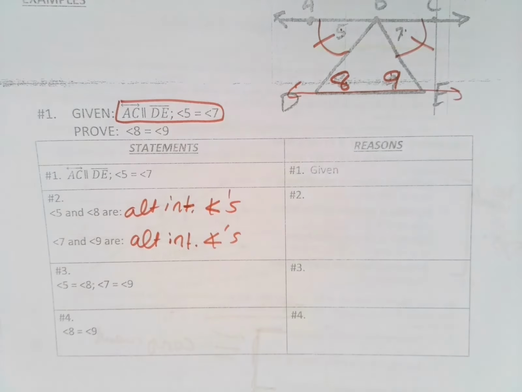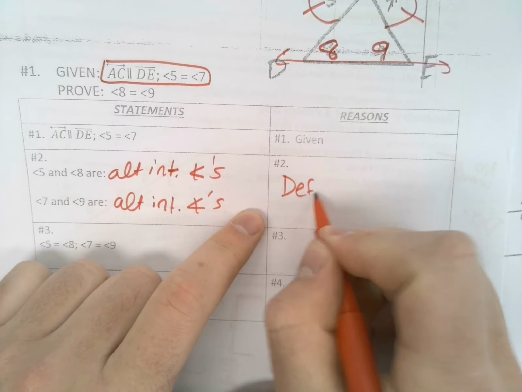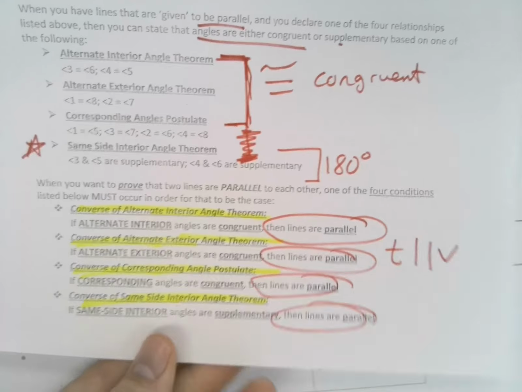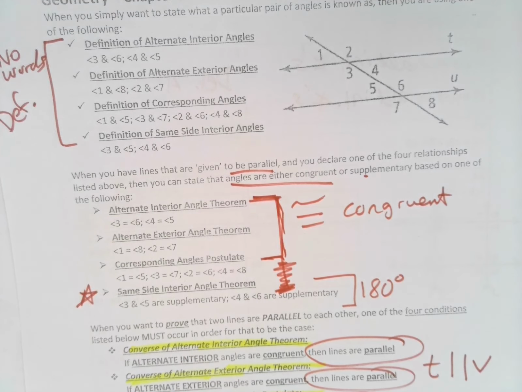And if that's just a word statement, Lucas, are we thinking that's going to be a definition or a theorem? Just words. Definition, my man. Well, we remember on the previous page, all the theorems are about congruency, right?